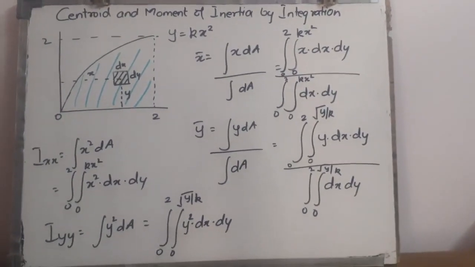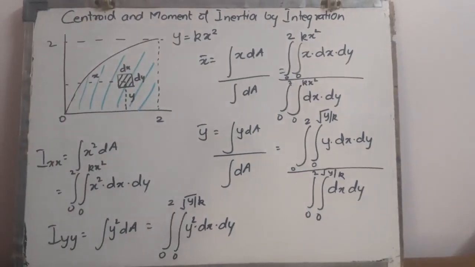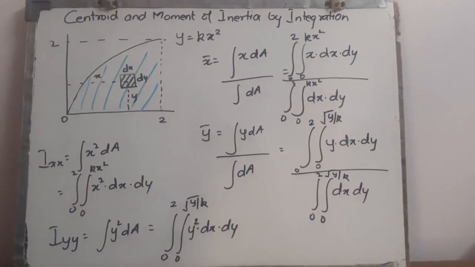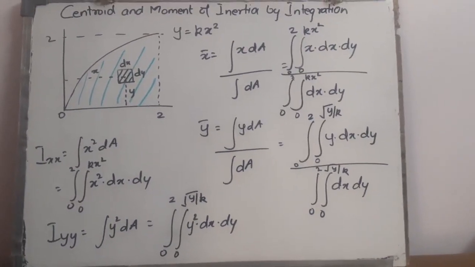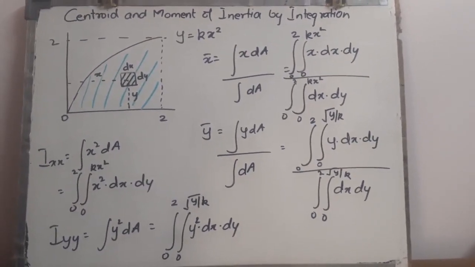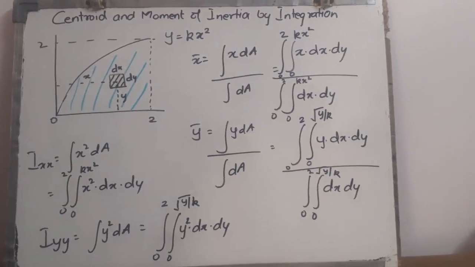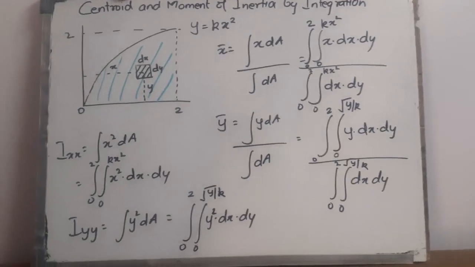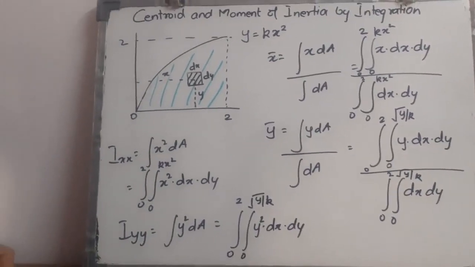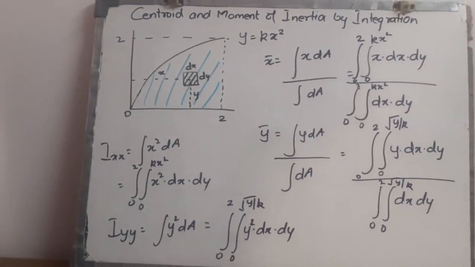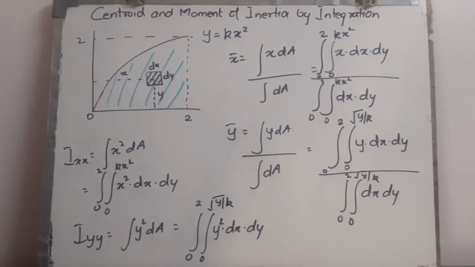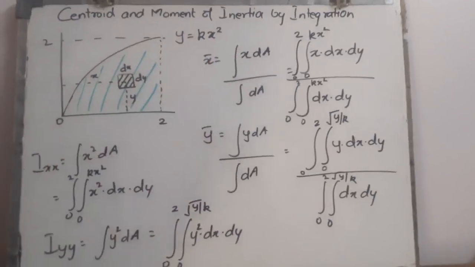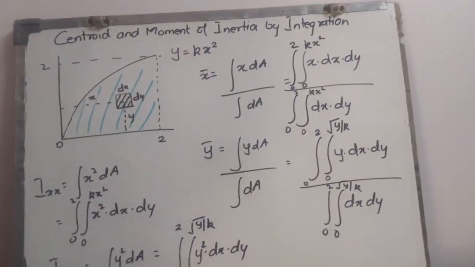So let us say that this is a parabola, and for this parabola we need to determine the centroid as well as the moment of inertia, where the parabola is defined by the curve y is equal to kx square, and you need to find out between a range of x and y varying from 0 to 2 and 0 to 2. So as you know that x bar is given by integral x dA divided by integral dA.